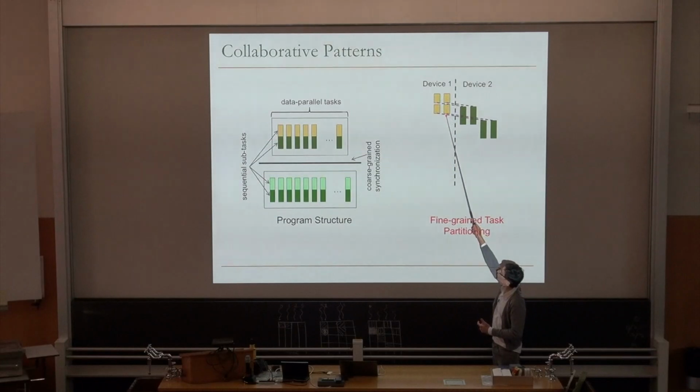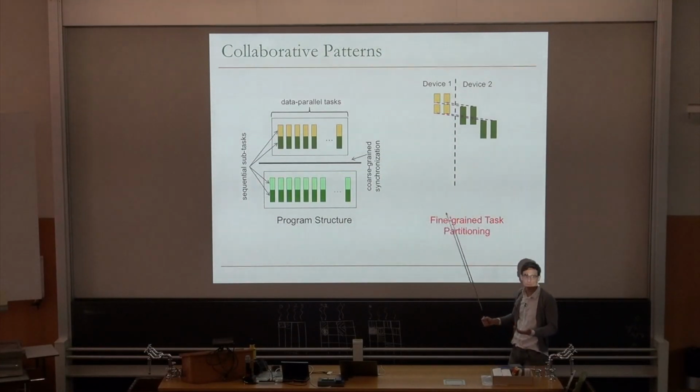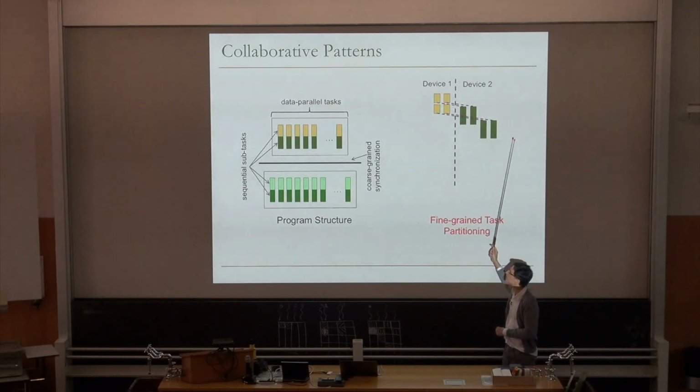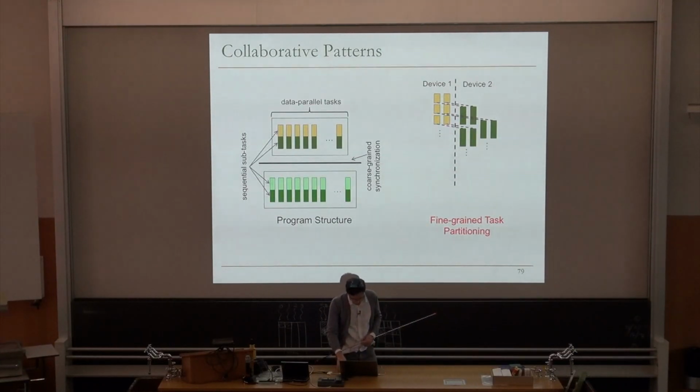We can signal from, for example, a CPU thread to a GPU block or a GPU thread that the subtask is completed, and we can continue with the next subtask. So this is what we call fine-grained task partitioning.